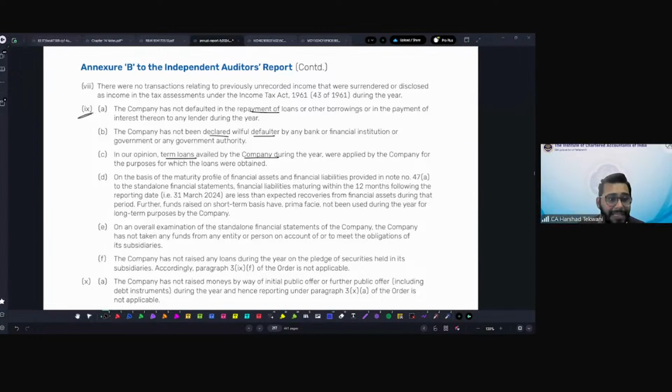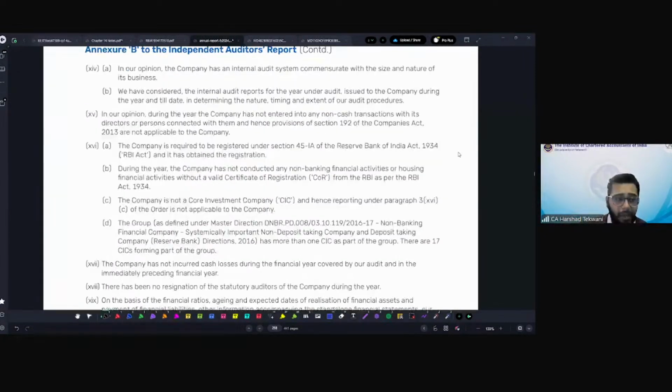Then there is a specific paragraph which talks about whether the company is required to get itself registered under 45-IA. Para 16 is basically specific to NBFCs. It asks whether the company is required to register under 45-IA. If yes, whether it has obtained the certificate of registration, and whether it has performed the NBFC activities only after obtaining the certificate of registration.